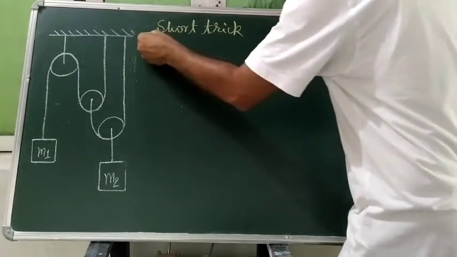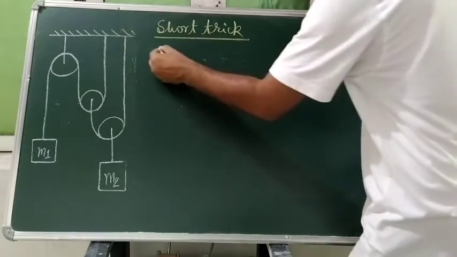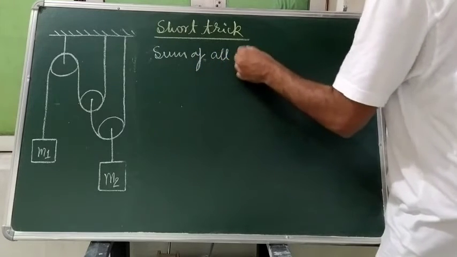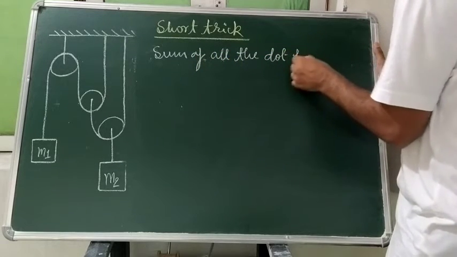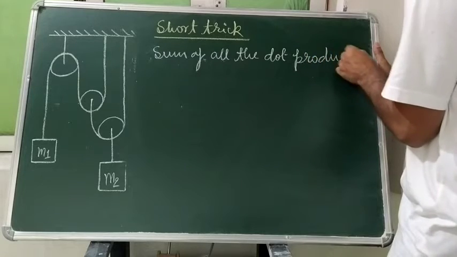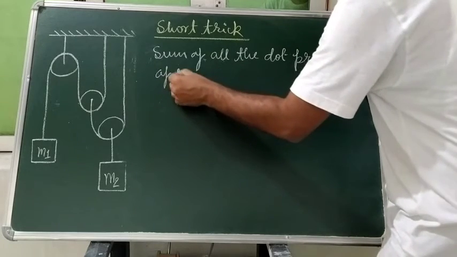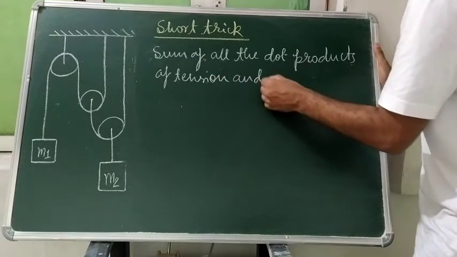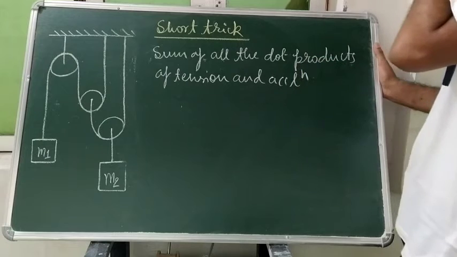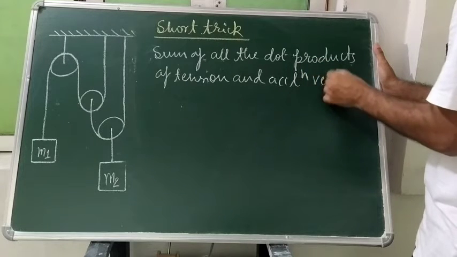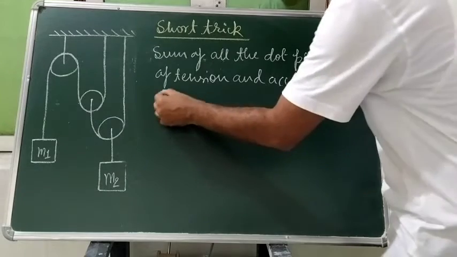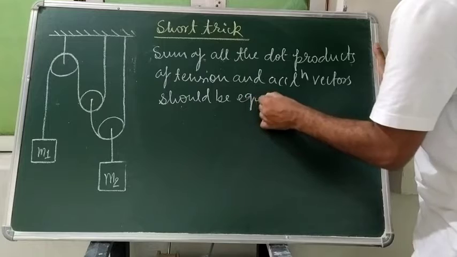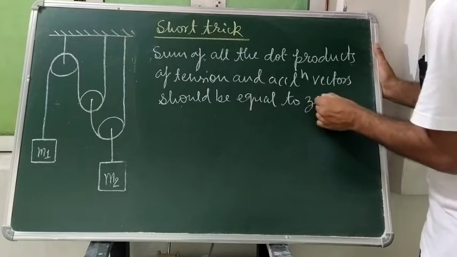The short trick tells us that the sum of all the dot products of tension and acceleration vectors should be equal to 0.